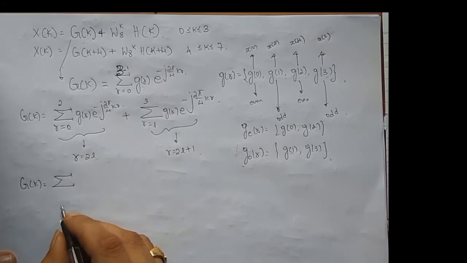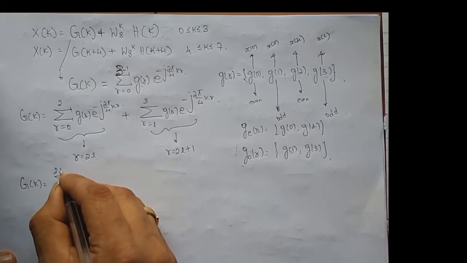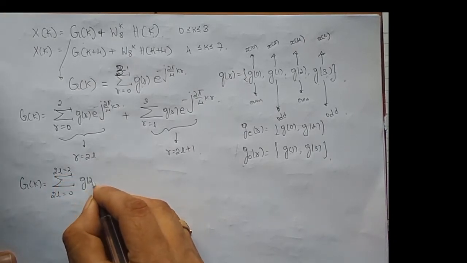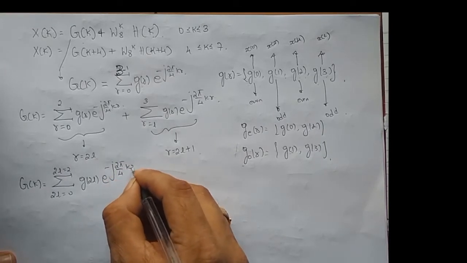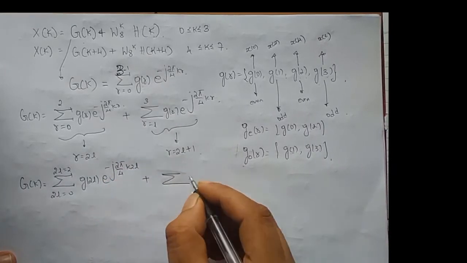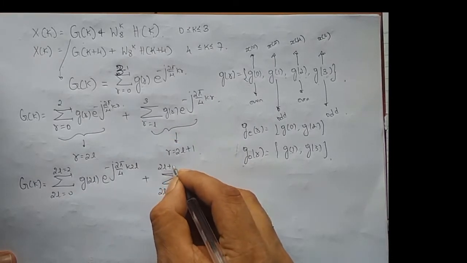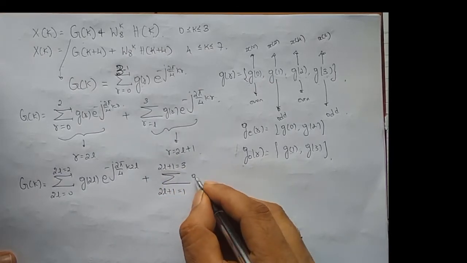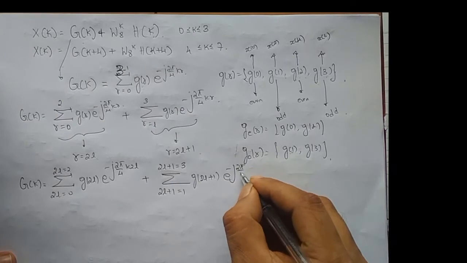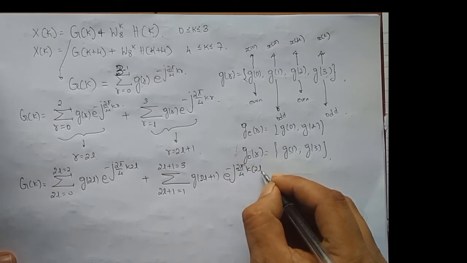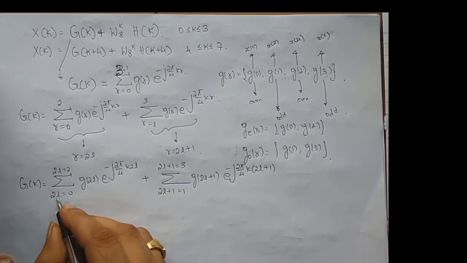Summation 2l equal to 0, because r is 2l, up to 2, g of 2l e power minus j 2 pi by 4 into k into 2l, plus summation, where r is 2l plus 1, from 1 to 3, g of 2l plus 1 e power minus j 2 pi by 4 into k into 2l plus 1.